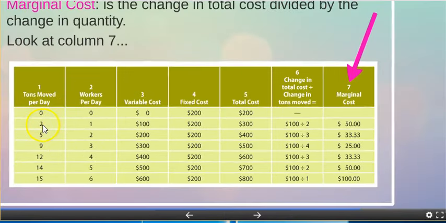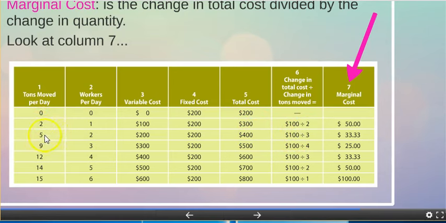We moved 2 tons. So a change in total cost is $100 divided by the change in tons moved. 0 to 2 is 2 tons. Your change in tons moved is 2. Between $300 and $400 has a change in cost of $100 divided by your change in tons moved.